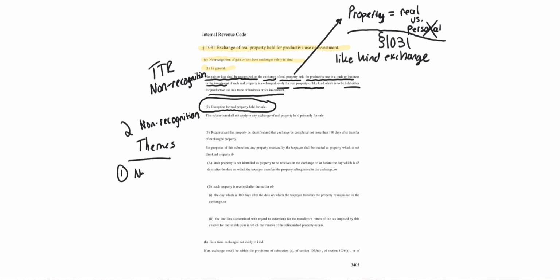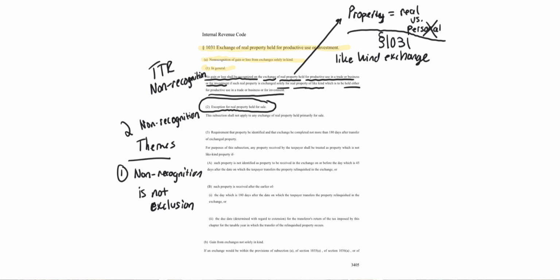One, non-recognition is not exclusion. So we saw exclusion provisions in the 100s, right? 101 to 140. That is not the same thing as non-recognition. It might seem that way because it's saying no gain or loss shall be recognized, but it's not the same thing. Exclusion is permanent. Non-recognition is temporary.